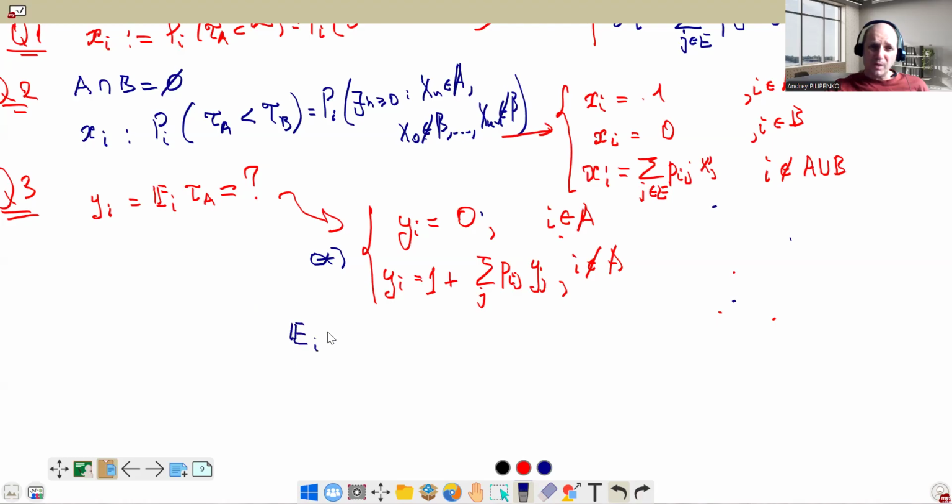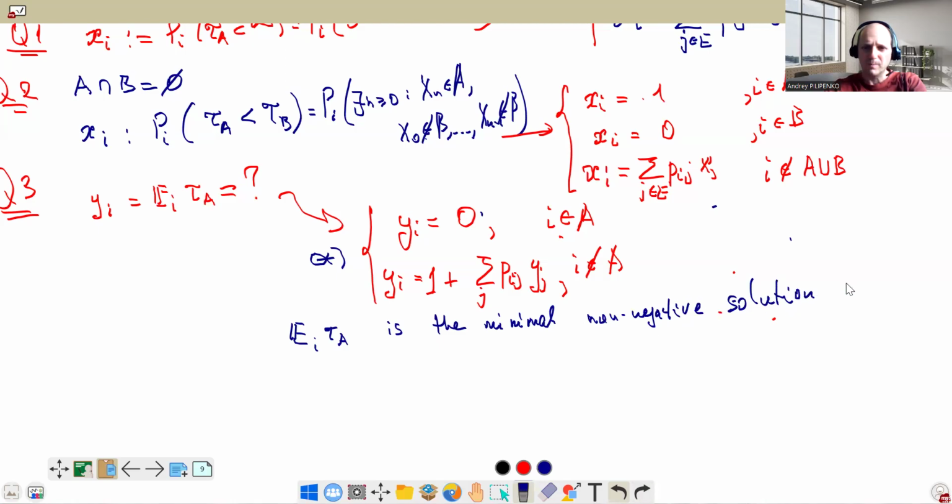And the result is this. The expectation of the entry time is the minimal non-negative solution to equation star, with values from 0 to infinity included.